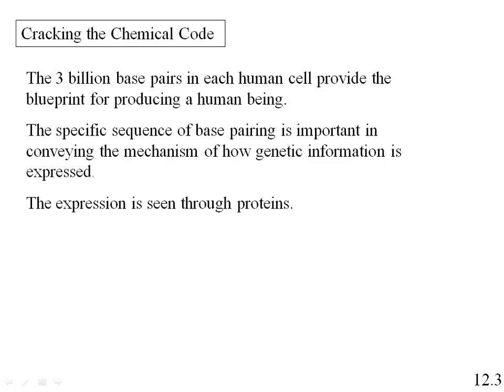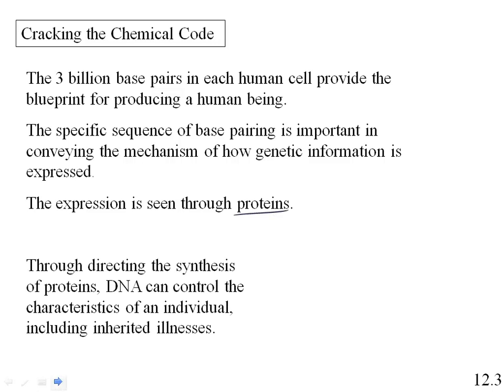Okay? So these base pairings convey the mechanism of how genetic information is expressed, and that expression is seen through the proteins. So through the DNA in those base pairs or bases, we see what gives us the characteristics of individuals and also inherited illnesses.